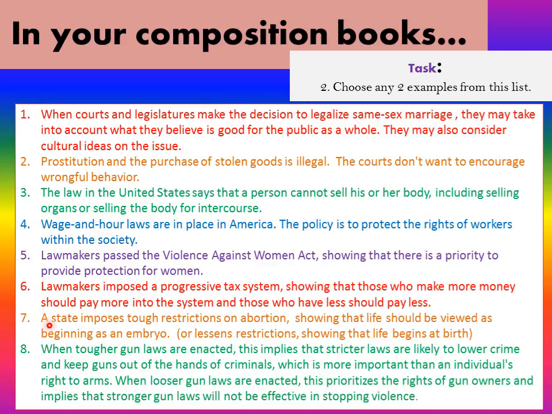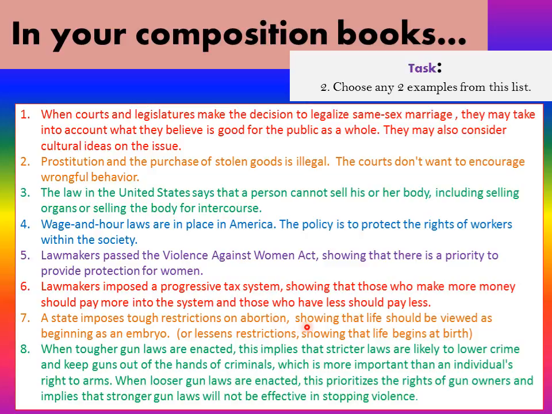Number 7, a state imposes tough restrictions on abortion, showing that life should be viewed as beginning as an embryo, or lessens restrictions showing that life begins at birth. So basically, this one could be interesting to do. Okay, if you impose tough restrictions on abortion, that means that in your state, abortion is illegal or nearly illegal.